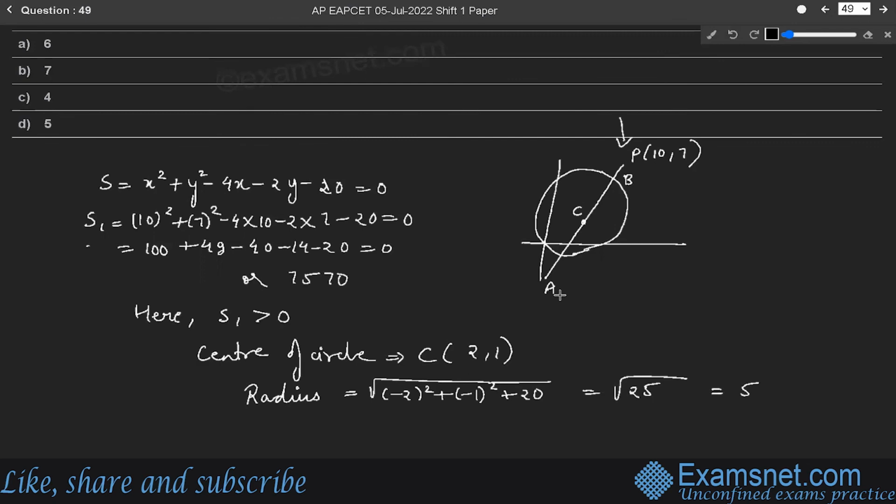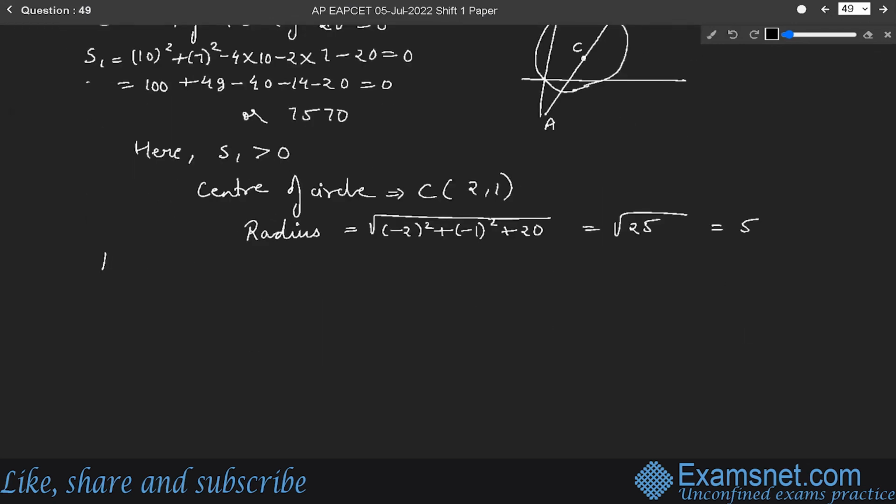This is the radius. We have to find the least distance of the point. We know that the least distance of a point is CP minus R. So first let us calculate CP.